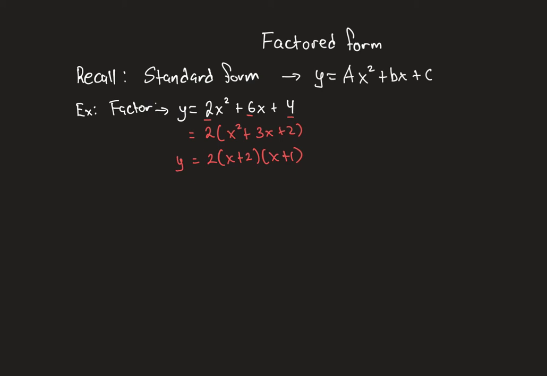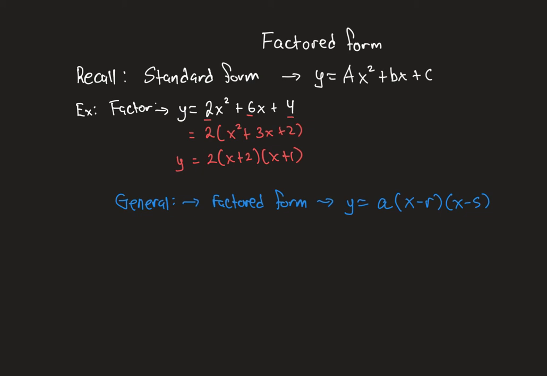So in general, factored form is in the form of y is equal to a x minus r x minus s. So it's always in that form with a constant number on the outside and 2 binomials. Okay.